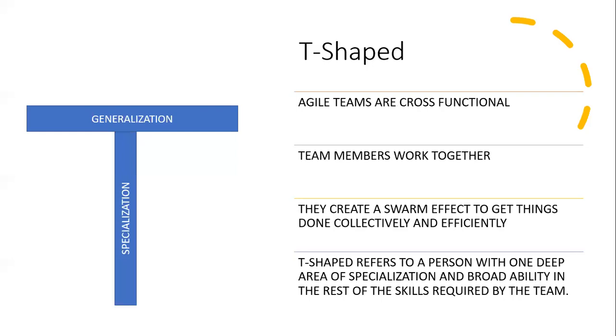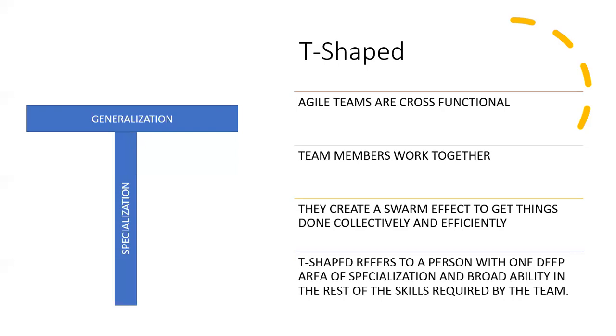So Agile teams are cross-functional, but the people often do not start off that way. A lot of people coming onto the team might just be able to do one thing. However, many successful Agile teams are made up of generalizing specialists or T-shaped people. Some people come with that breadth of knowledge and expertise in certain specializations.